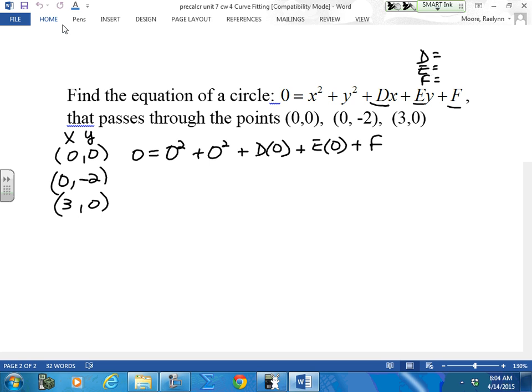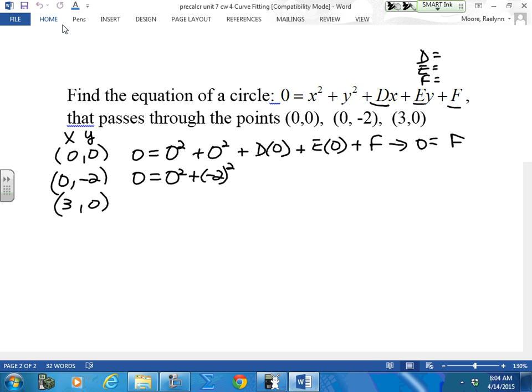So let's simplify this guy. 0 is equal to, that's a 0, that's a 0, that's a 0, that's a 0. F. 0 is equal to f. Good so far? Do the second one. Again, same format. 0 is equal to, substitute in your x, substitute in your y. Be careful of your negative.